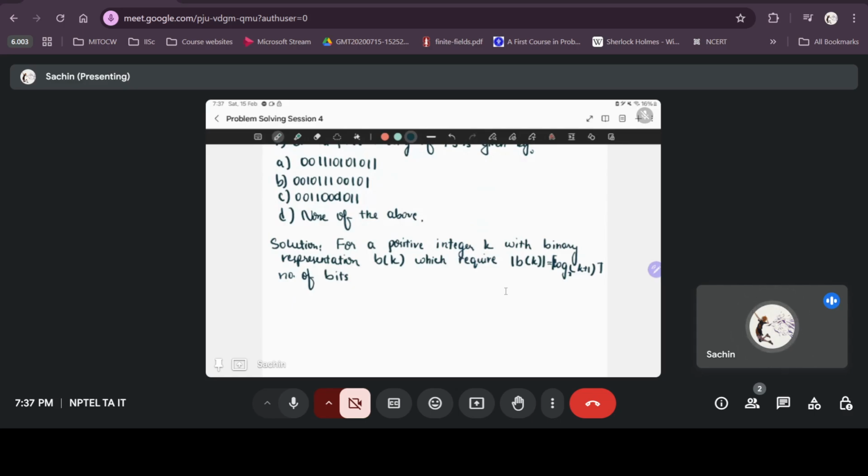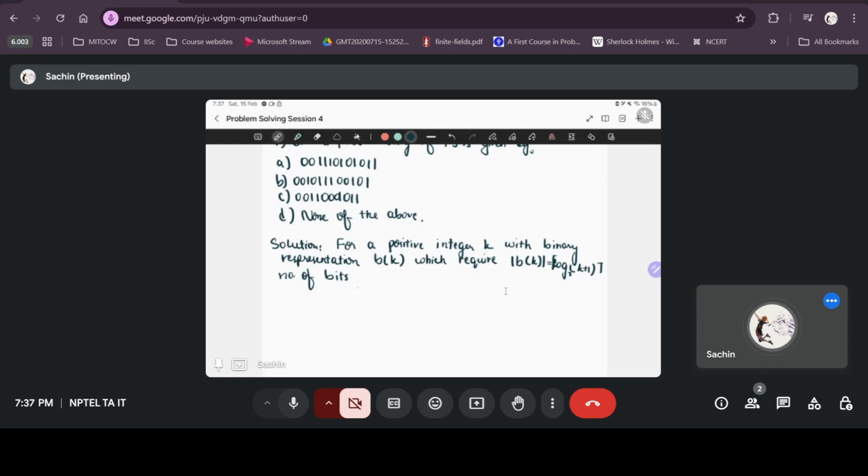Then for 8, you need 4 bits. So modulus of b of k is the number of bits you need to encode the number k. B of k is the binary representation of the number k. K is in decimal. B of k is the binary representation. Modulus of B of k is the number of bits in the binary representation of k.